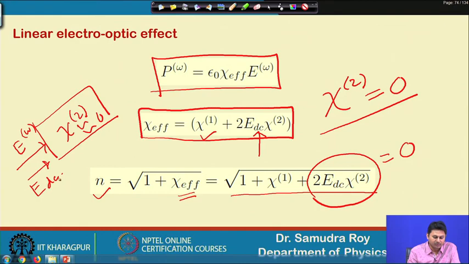But at the same time, the linear electro-optic effect is also not going to be generated, as the equation suggests that chi 2 is 0. So, this term again is going to vanish, and if this term is not there, we will not have any kind of effect on the susceptibility.